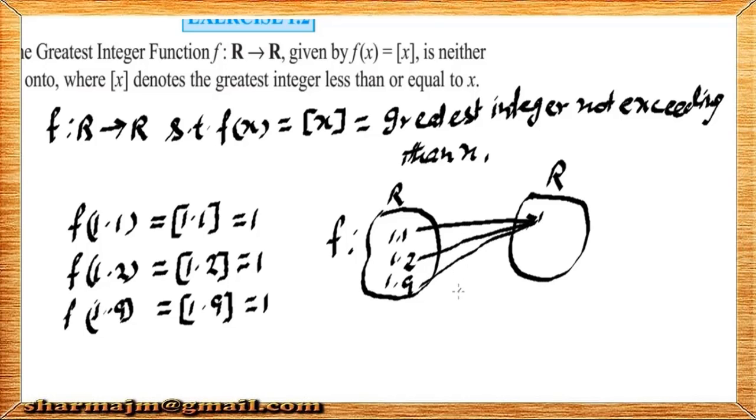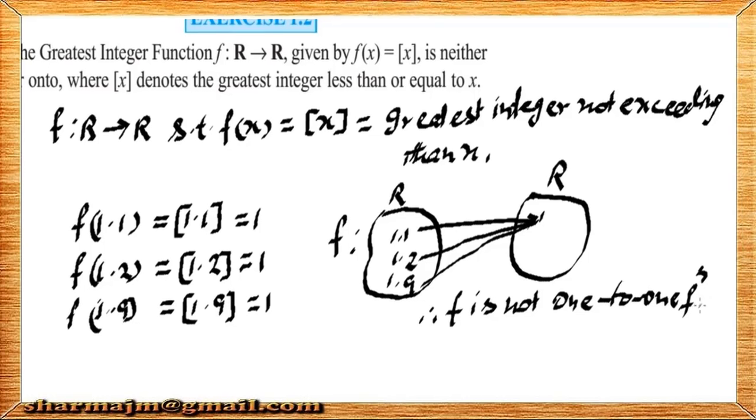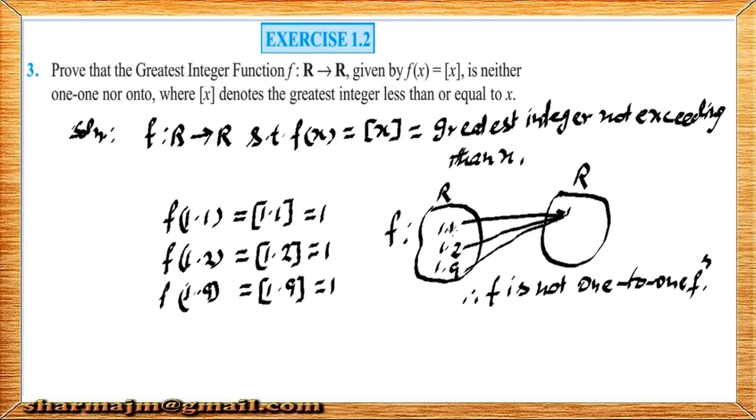Okay, so this function is not 1 1. So therefore f is not 1 to 1 function. Actually it is many to one function because many elements are having one image.